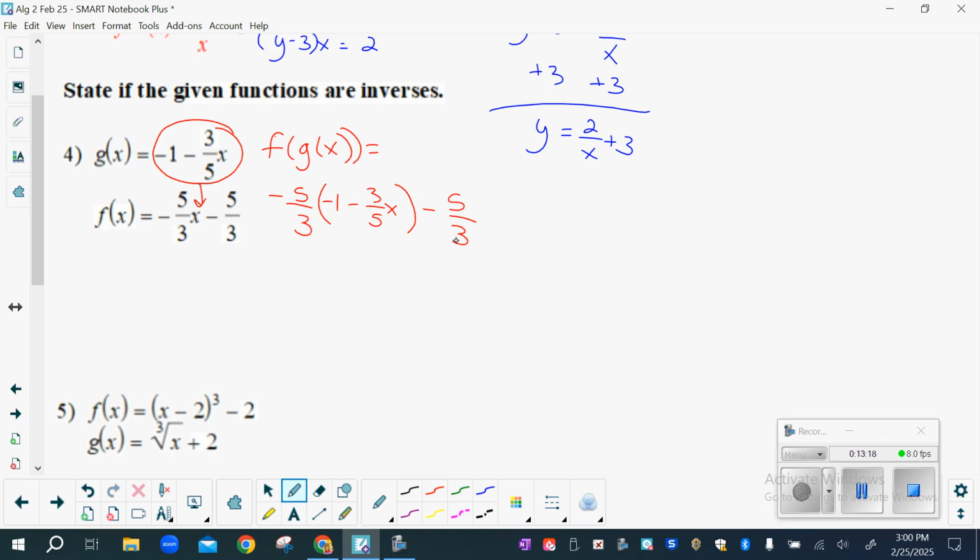To simplify that, now I have to distribute that negative 5/3. Negative 5/3 times negative 1 is positive 5/3, right? When I take the negative 5/3 and multiply it by the negative 3/5, what's negative 5/3 times negative 3/5? Just one. They're reciprocals of one another, aren't they?